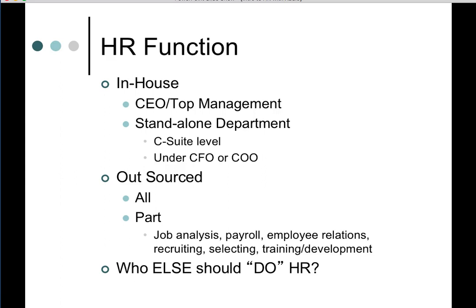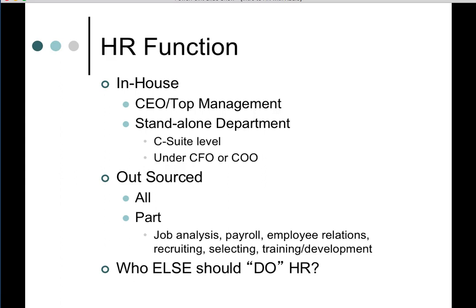When you see your HR department under your CFO or your COO, it means they really don't value the impact that HR has. They see HR as much more of a cost center than a place where they could find a competitive advantage. So if they're under the CFO, then it's really about managing expenses, right? Because the CFO is responsible for finance and accounting and things like that.